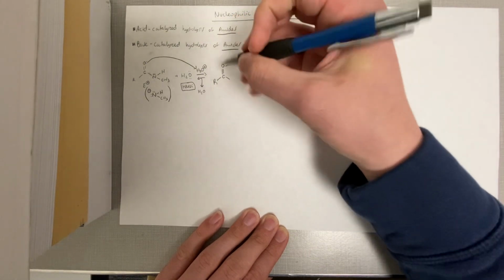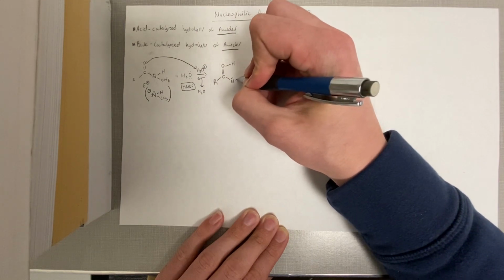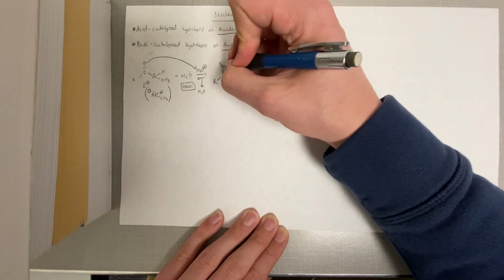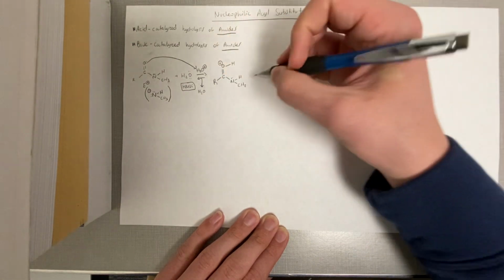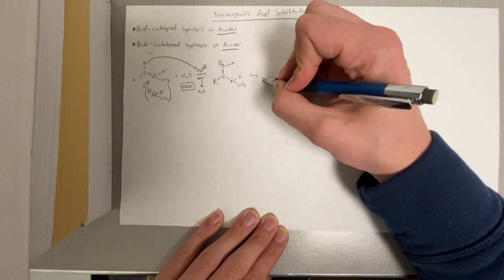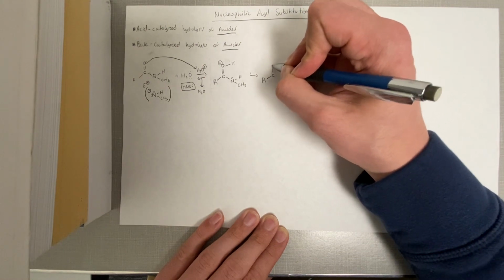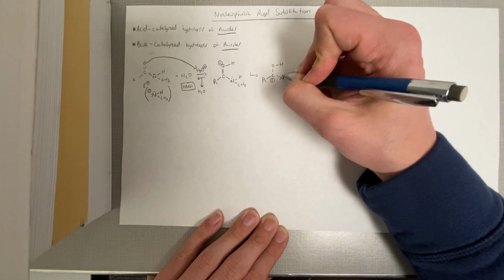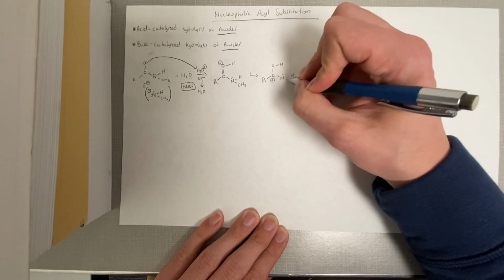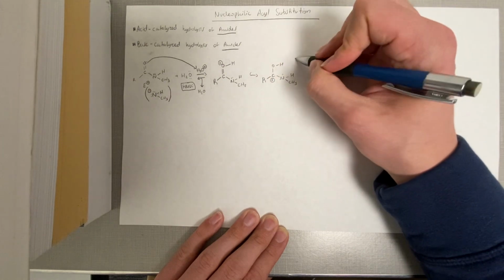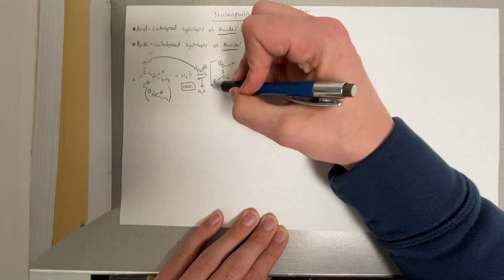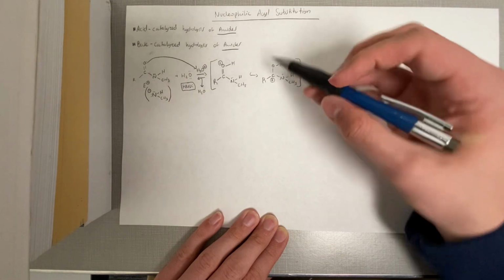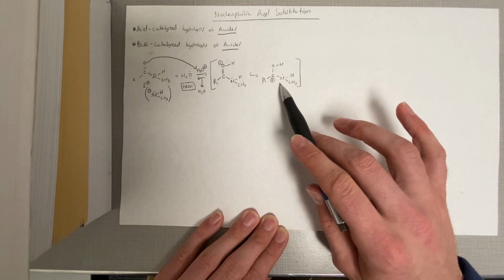a resonance structure. And this is why I said that carbon would have a formal positive charge, right? Because here we can see that there's resonance.